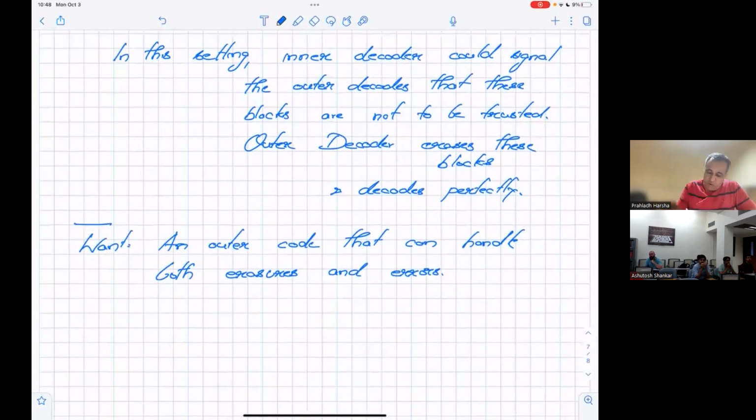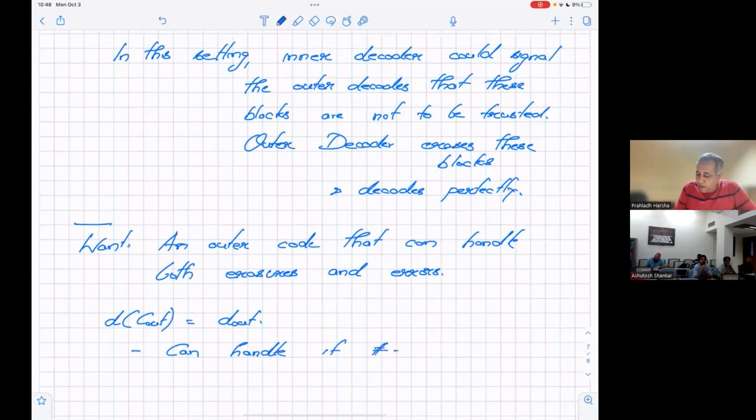Now, what I want to know, suppose the distance of the outer code was d out. What's the number of erasures it can handle? It can handle the case where the number of erasures is less than d out.